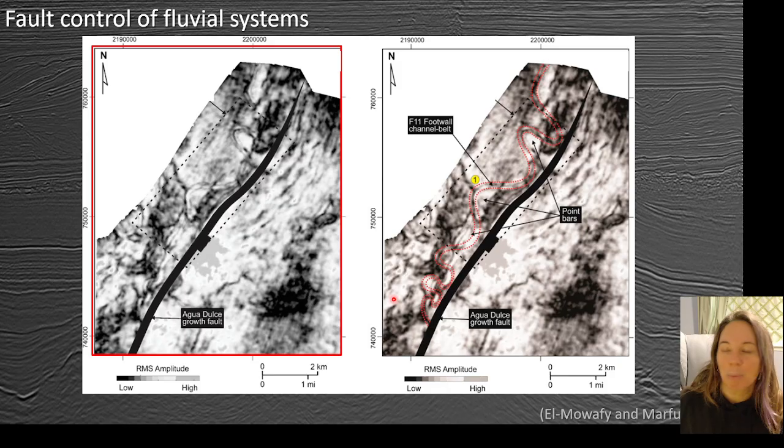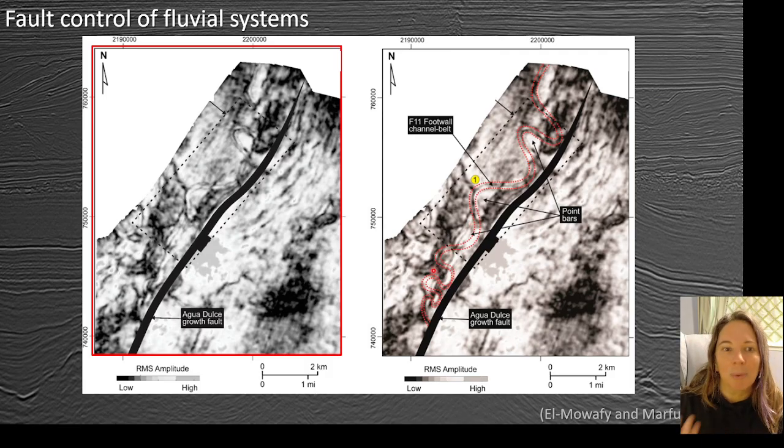Here's another example, kind of in that same area, but now zooming in with a little bit more interpretation so you can see more of what I'm seeing. And so we've got a channel belt system that is appearing on the RMS amplitude. So you can kind of see it on the left-hand side, but you can definitely see it where it's been highlighted with the dotted line on the right-hand side.